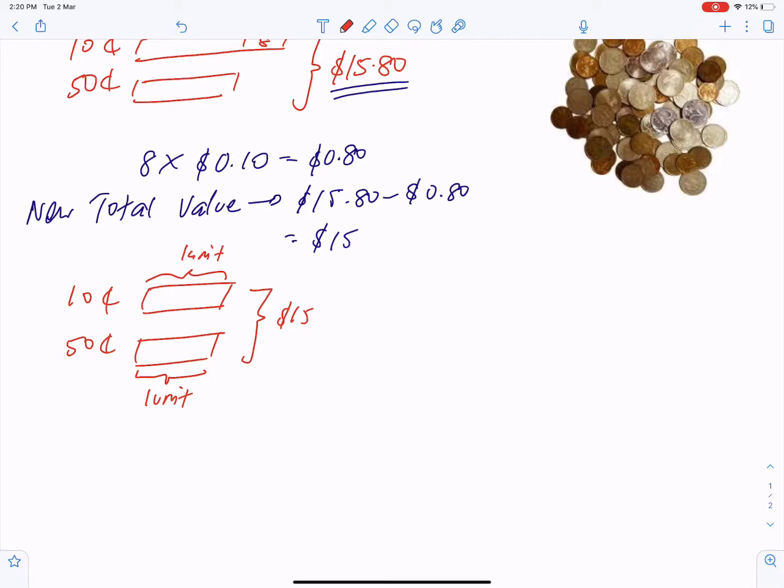So this is where we employ a method called grouping. We group these 10-cent and 50-cent coins into a bag like this. In each bag, we have 1 10-cent coin and 1 50-cent coin.